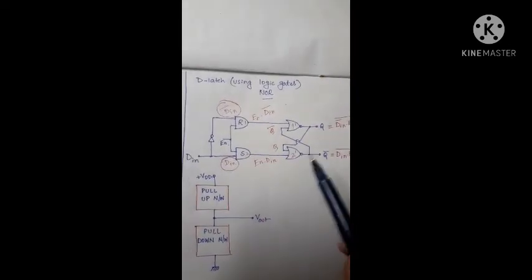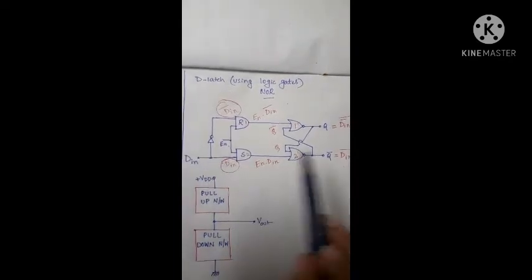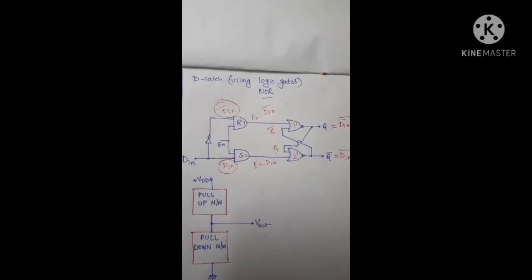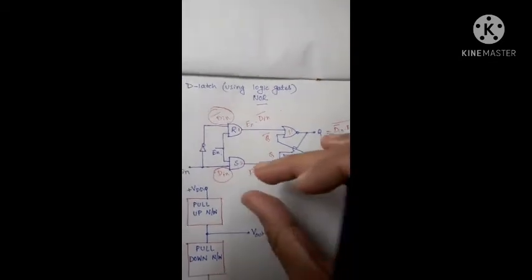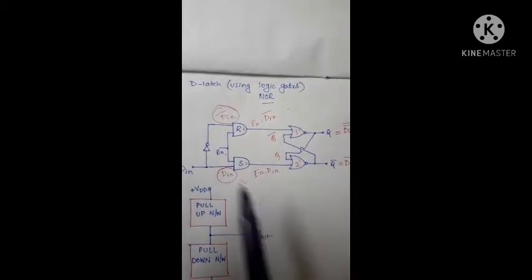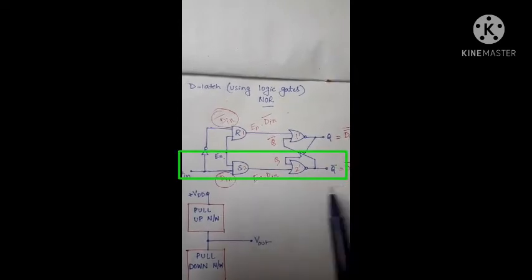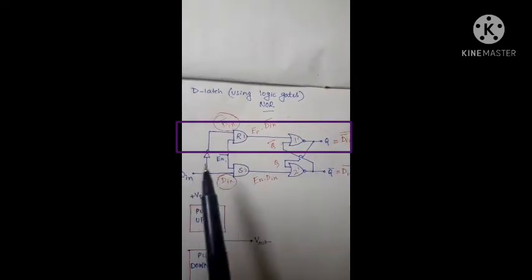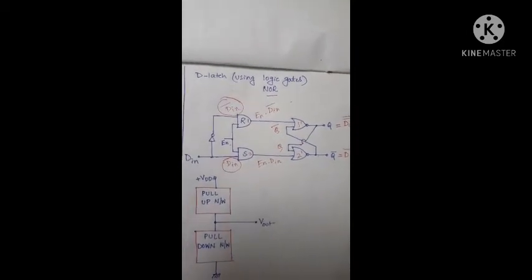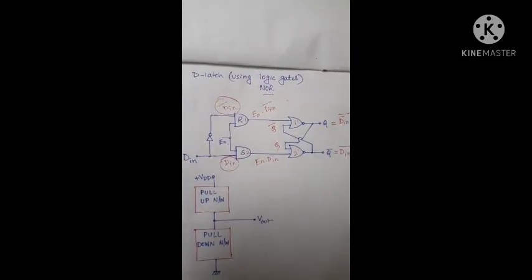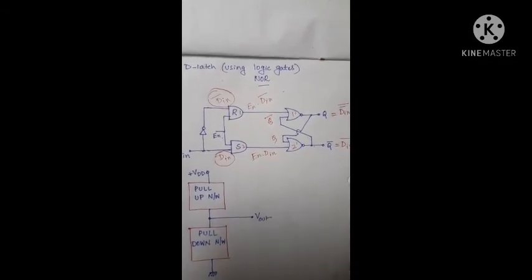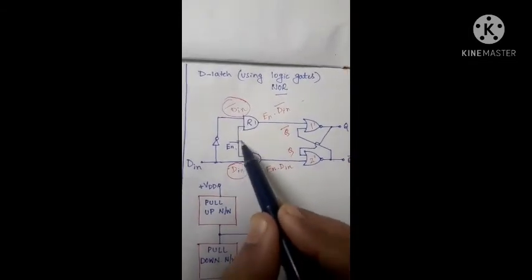Now we will implement the overall circuit using CMOS in two parts. First we will do the circuit for this lower part, then the same circuit for the upper part, and finally we will do the interconnections. So let us first draw the circuit using CMOS for this part.